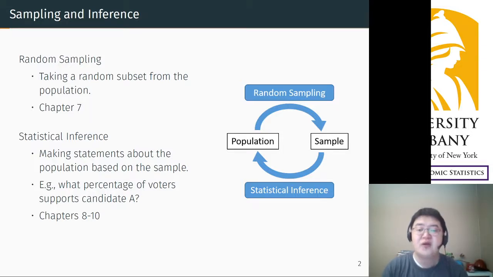So if you have not finished watching chapter 7, then please go back and finish watching it. Otherwise, you will not be able to follow chapters 8 through 10. So it's very important to understand the random sampling process first. Then we are going to use the properties of the sampling distribution to evaluate and define statistical inference methods. So please review chapter 7 if you are not familiar with the results.